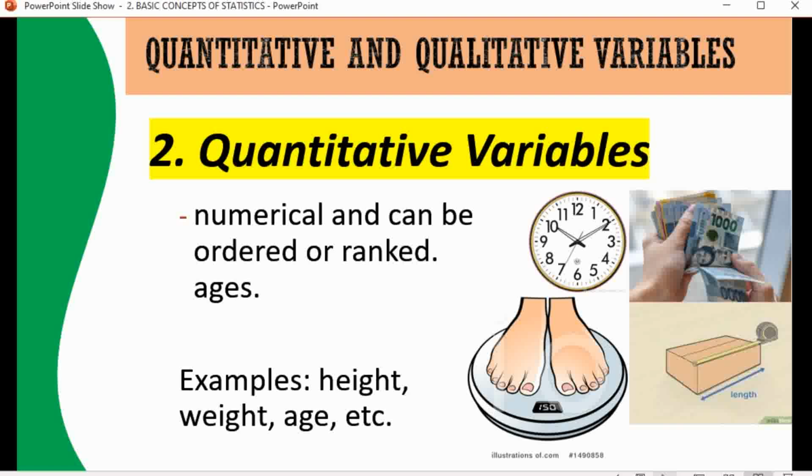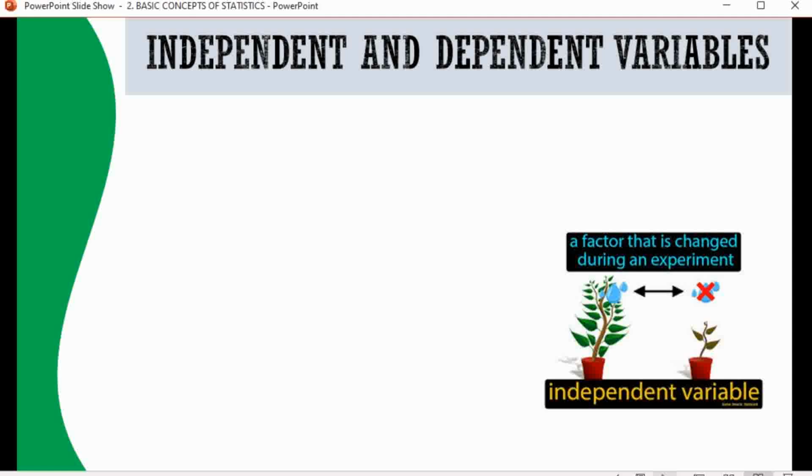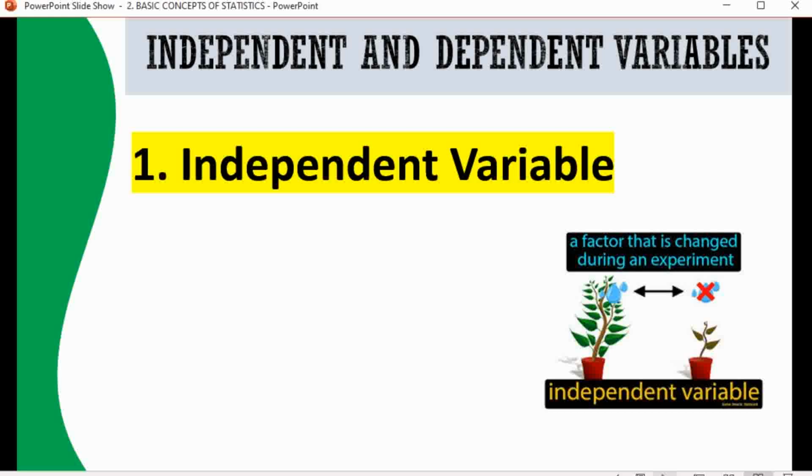These require numerical representations. Now, quantitative and qualitative variables can still be further differentiated into independent and dependent. We start with our independent variable. When we say independent, it can stand alone. But if we refer this to the cause and effect relationship, though not every time a cause and effect relationship, more likely the independent variable is the cause of the change.